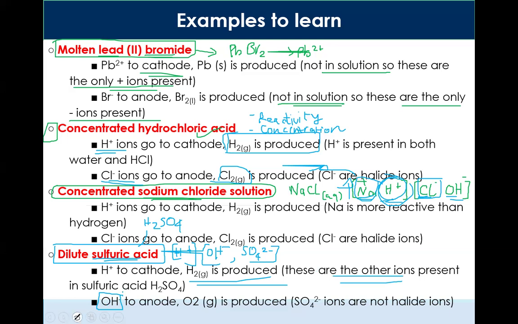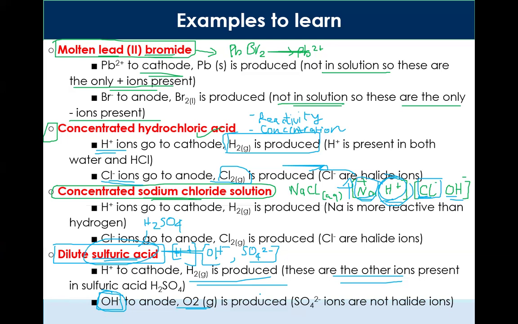But if we talk about the anode, hydroxide is discharged at the anode, right? And oxygen gas is produced. The reason is that we learned a rule that at the anode, if it's an aqueous solution, the hydroxide ion will get discharged unless there are halide ions present. Are there halide ions present in sulfuric acid?